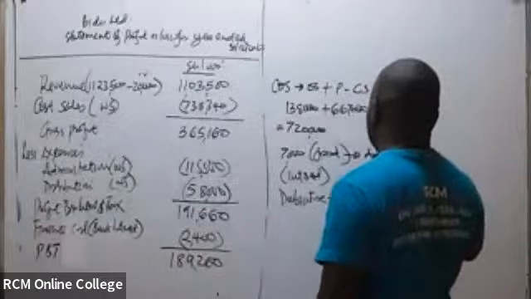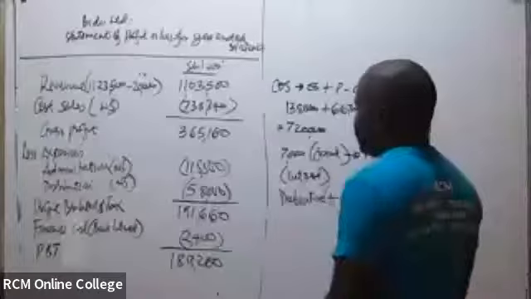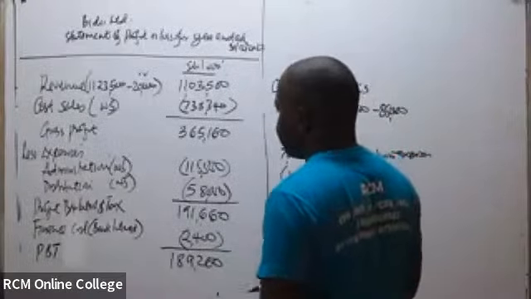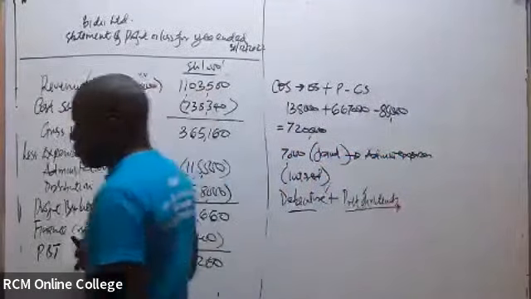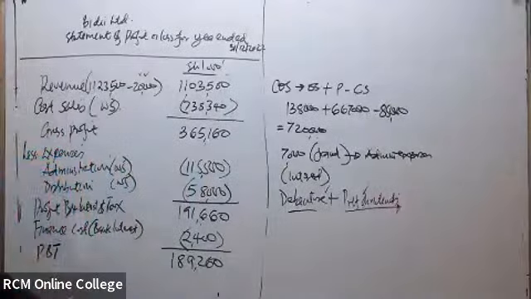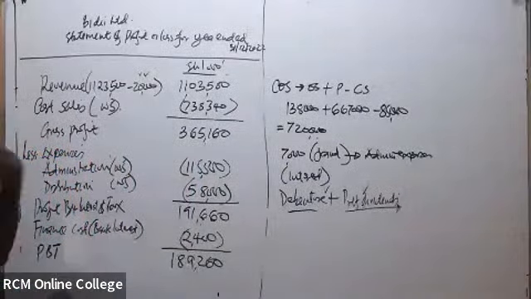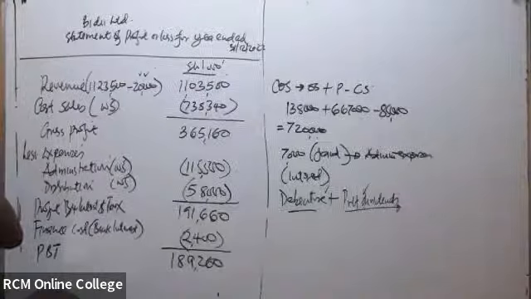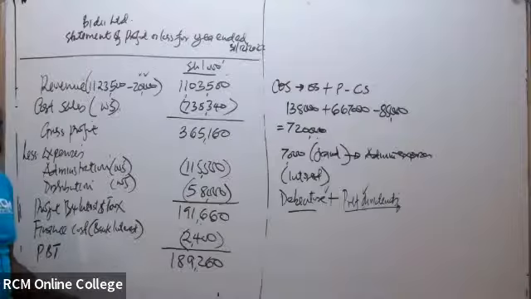But now here we don't have these ones. We just have the bank interest. So it becomes our finance cost. The finance cost is normally comprised of any form of interest that the company might have ended up having to pay. So that will give us profit before tax of 189,260.